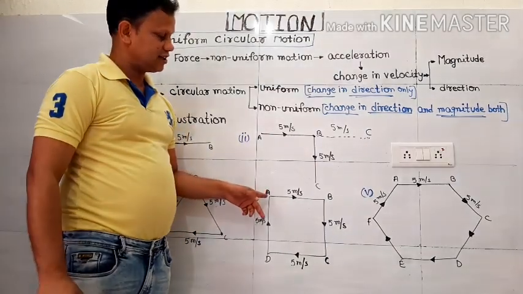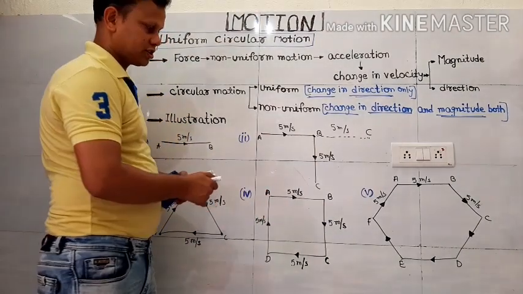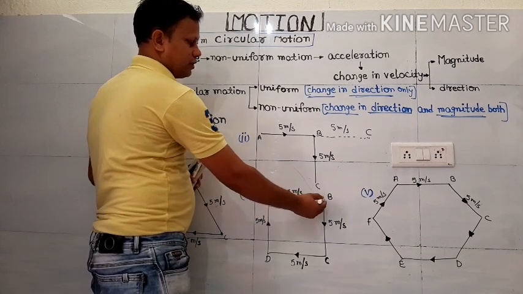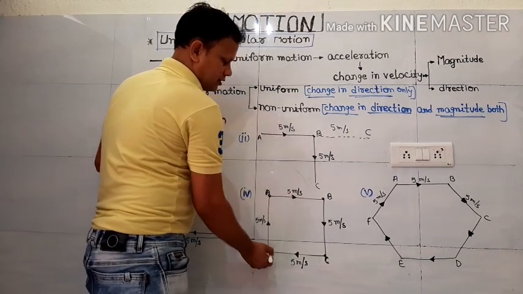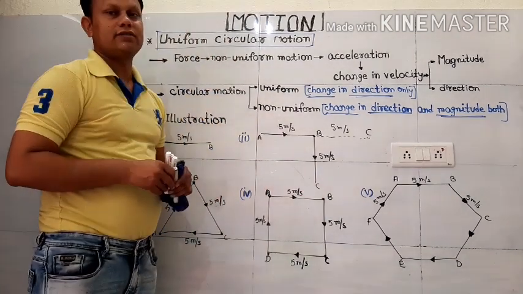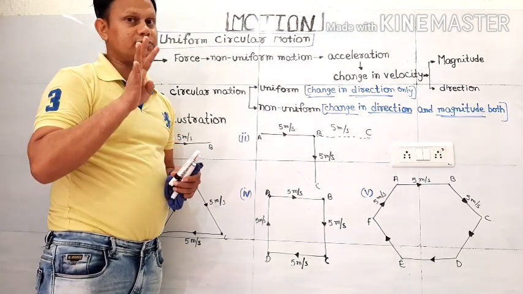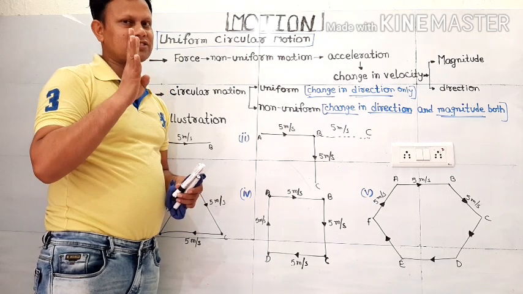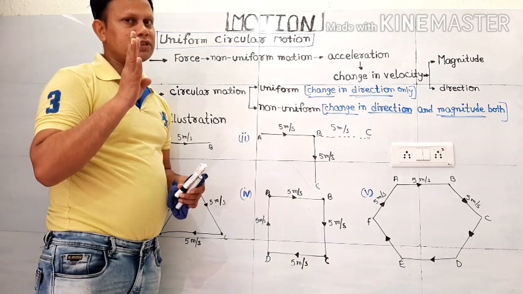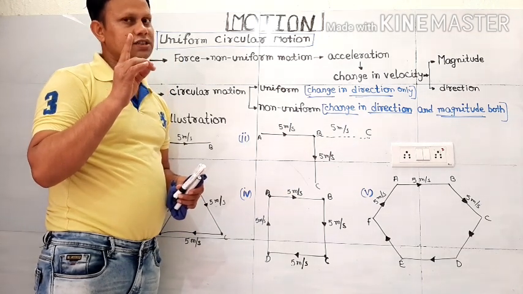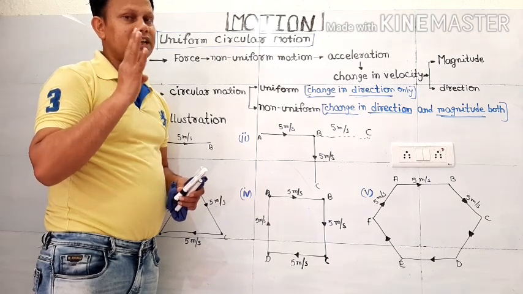Again you can see at all these junctions, A, B, C, D, force is required because at 4 corners it has to change the direction 4 times. So 4 corners, 4 times accelerated, 4 times change in velocity due to change in direction. That means 4 times force is required.